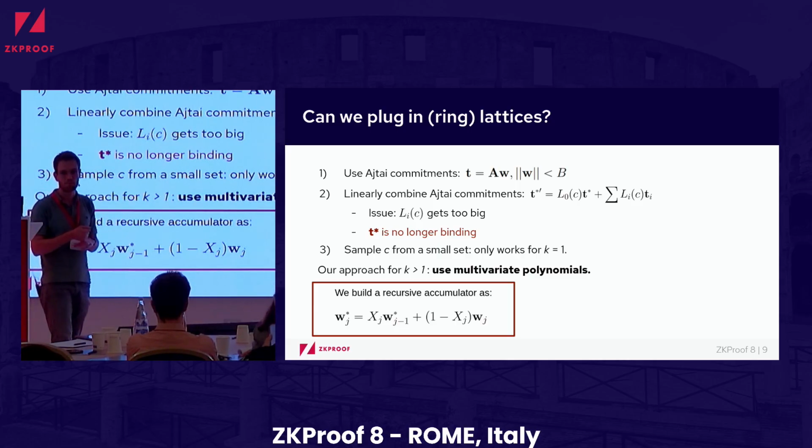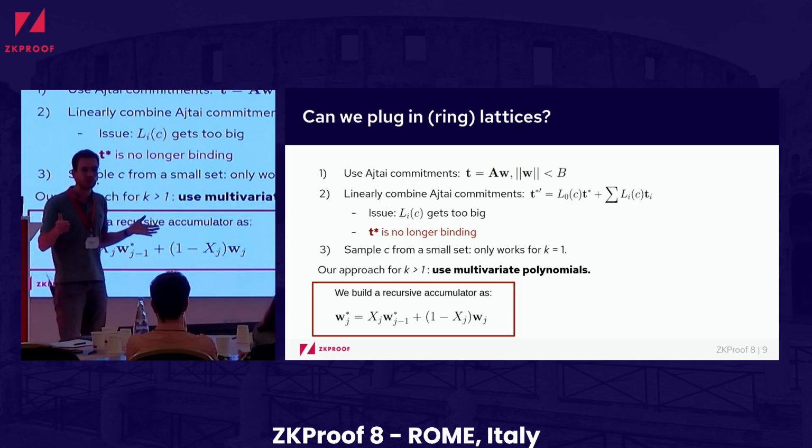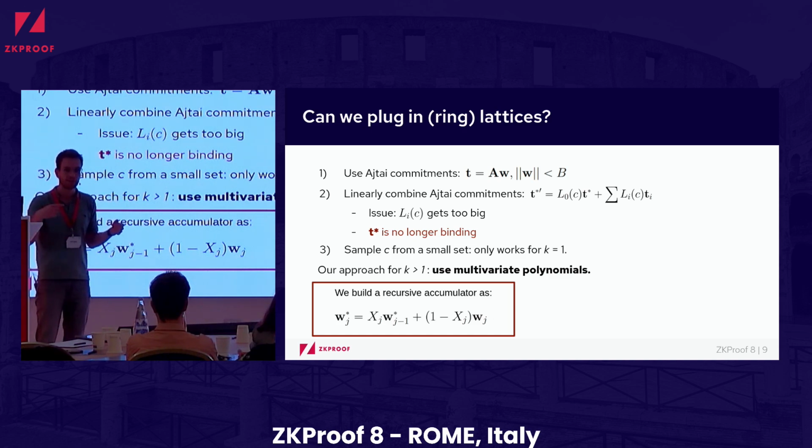So this works, okay? But with this, we cannot really do folding in one round as we wanted. We will have to have one round for each of these witnesses that are coming and create a very long transcript.